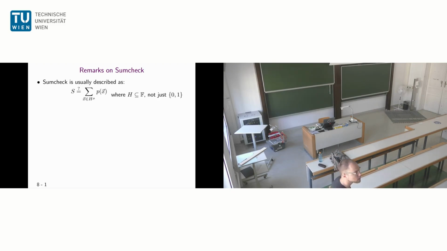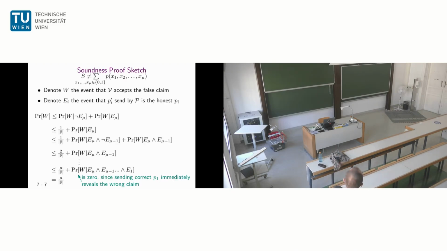Yeah. Sorry, can you go back one step? I don't understand why, for example, in the third line, or in the second, we have the win under high, mu, and then in the second line we add the not e mu minus 1.